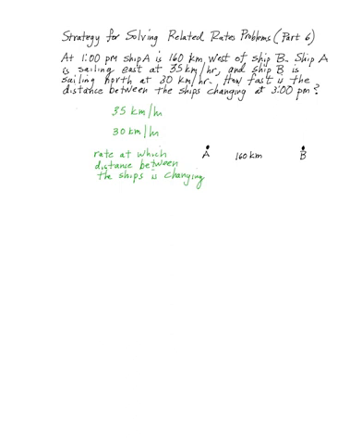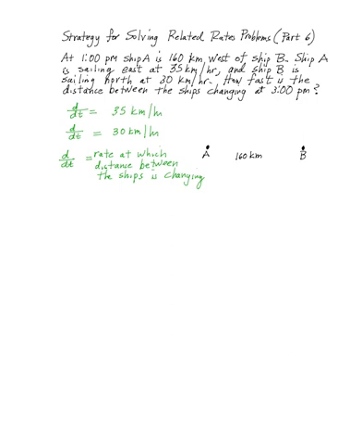In other words, this 35 kilometers per hour is the derivative of something with respect to time. But what? And this 30 kilometers per hour is the derivative of something with respect to time. But what? And similarly for this third rate. So I need to define my variables.